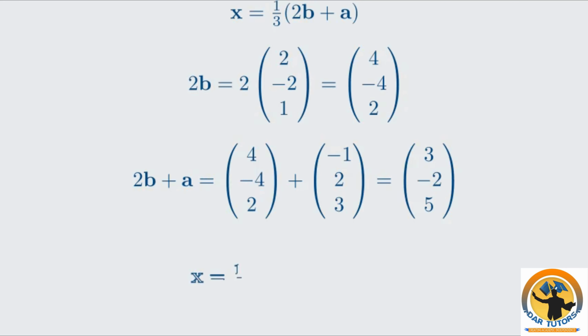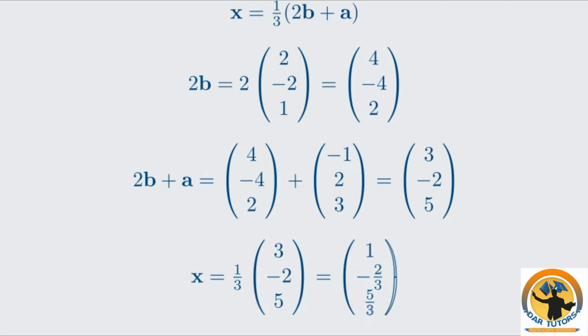Finally, we multiply this vector by 1/3. 1/3 times (3, -2, 5) gives us the vector (1, -2/3, 5/3). So the vector x is (1, -2/3, 5/3).